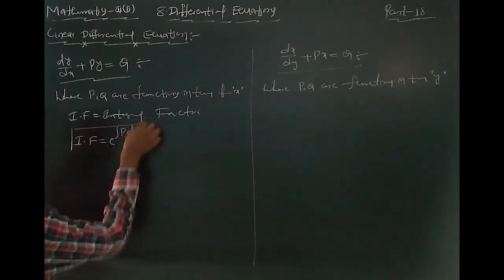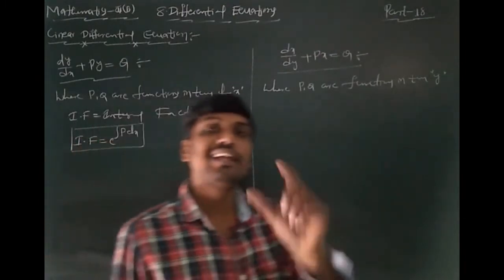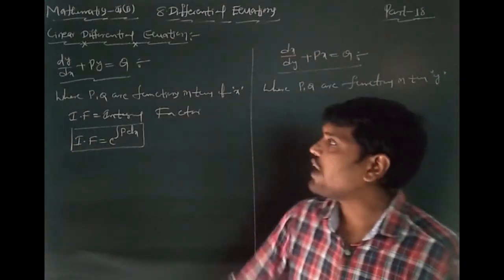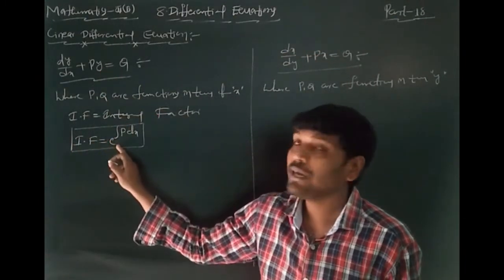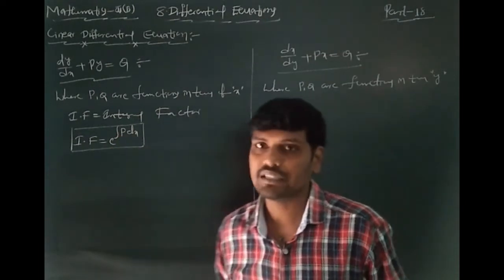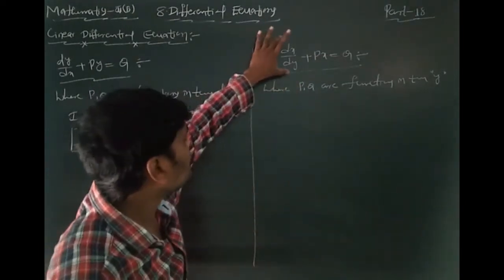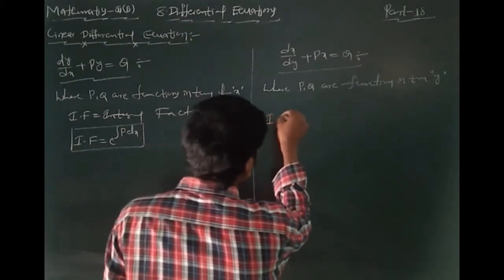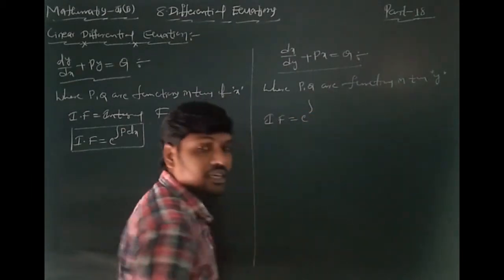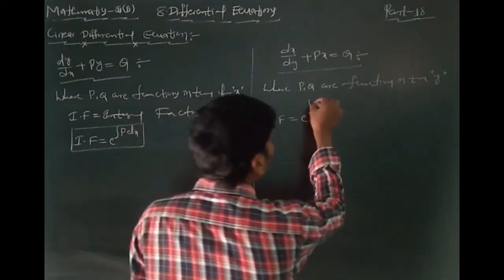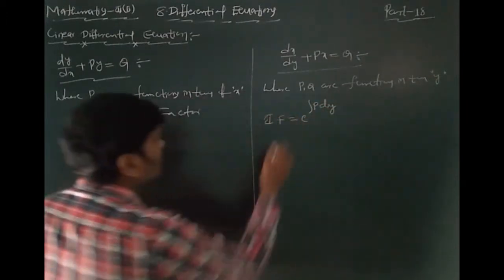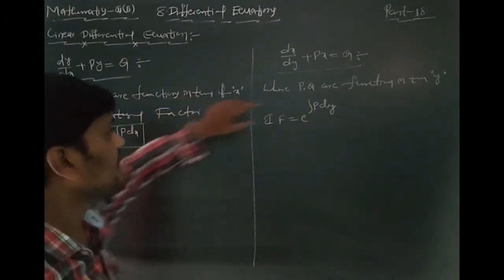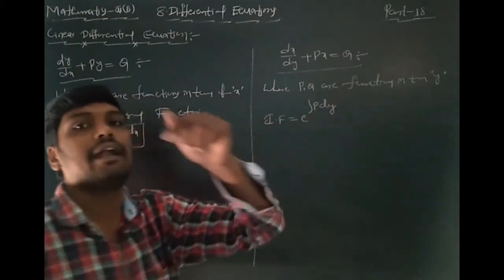This is the formula of the integrating factor. Similarly, for the second form, IF equal to e power integral p dy. Here the functions are in terms of x, so you write dx; here the functions are in terms of y, so you write dy.